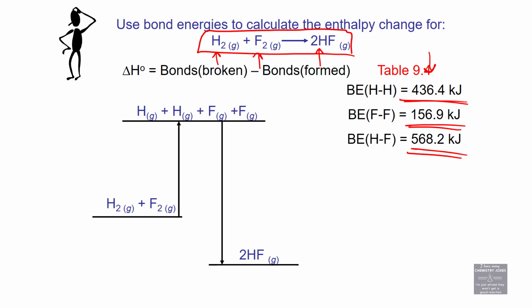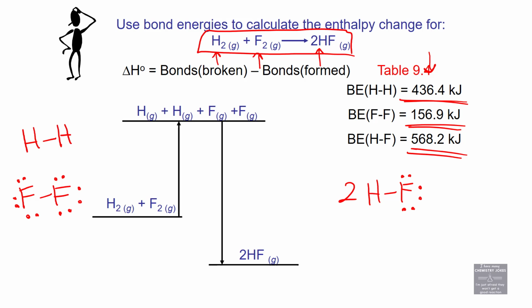We really could and should verify what types of bonds we are breaking. The Lewis structure of H2 is H-H, like that. The Lewis structure of F2 is this, with all these little lone pair electrons out here, right? Yep, and we're going to make HF, which is a single bonded thing, 2 molecules of that. So is this reaction overall endo or exothermic?